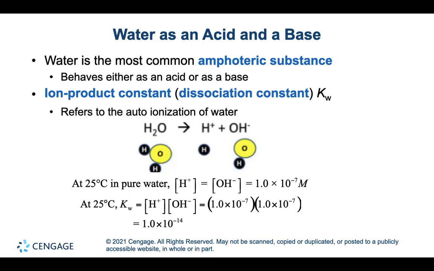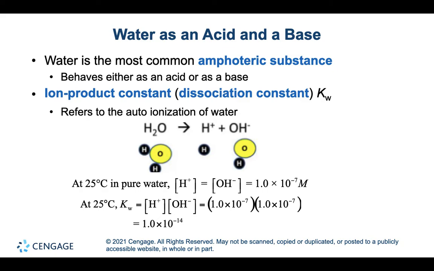If we look at the reaction, H2O yields H plus plus OH minus, the K for that we're going to call Kw. And the Kw is going to be H plus times OH minus, and we won't divide by water because it's a liquid, or 1 times 10 to the minus 7 times 1 times 10 to the minus 7. So this K is very tiny.